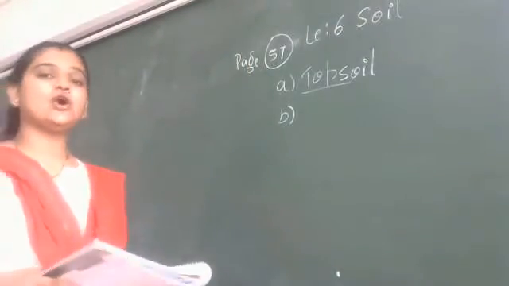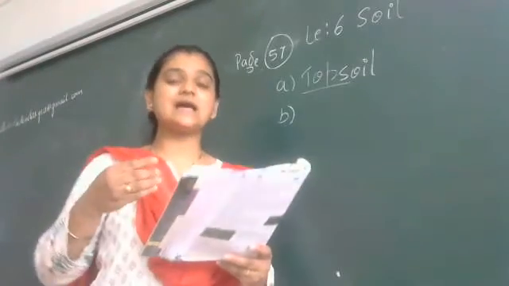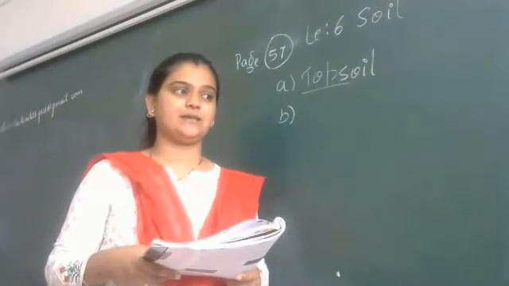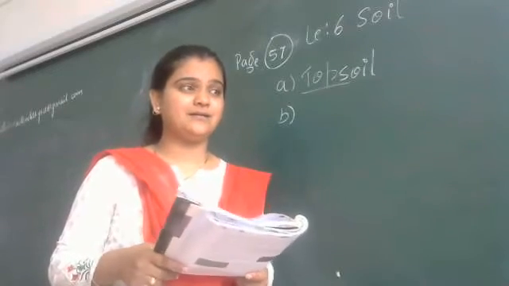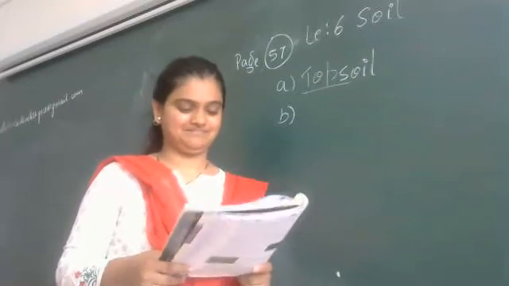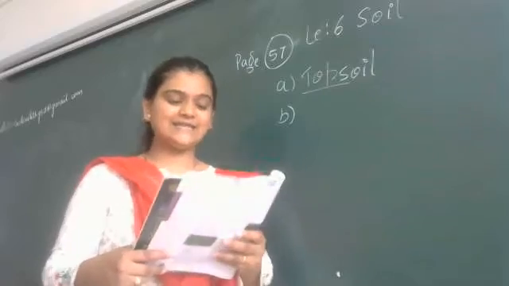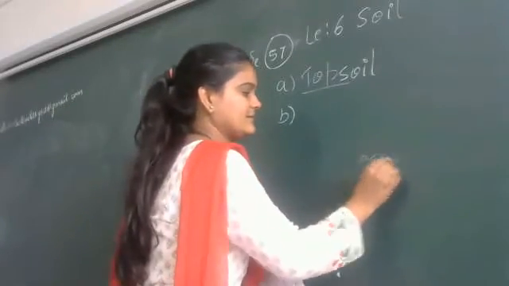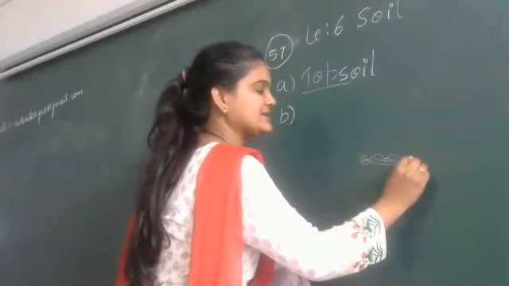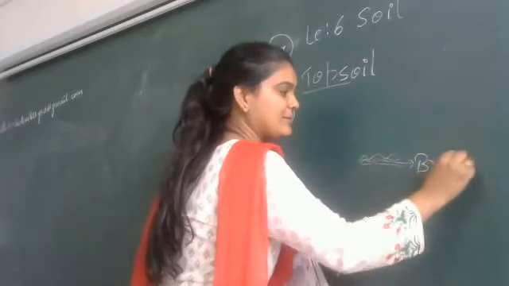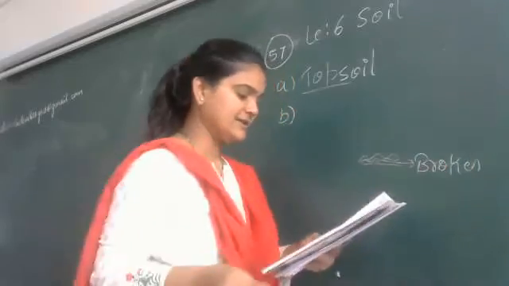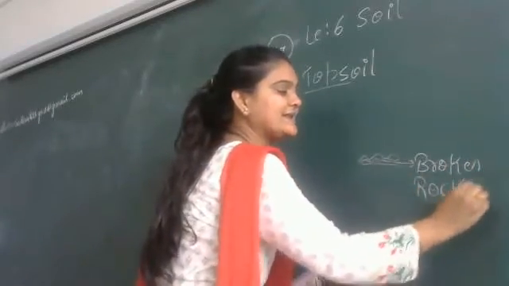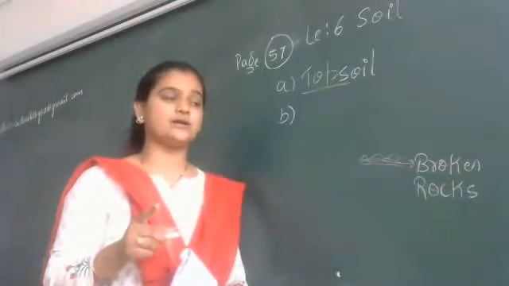Which layer of soil lies above broken rocks? Which one? The layer that is there above broken rocks. See here, they have told you broken rocks. They are not given directly as bedrock.